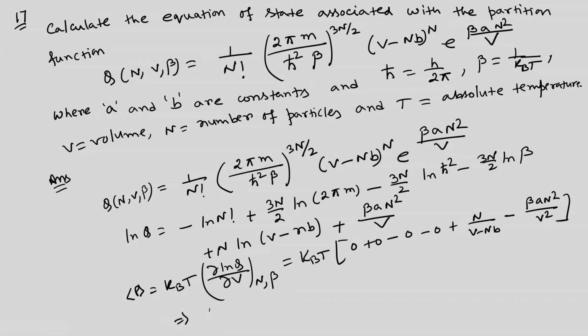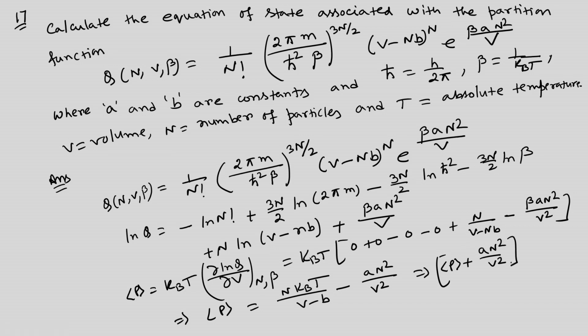So, we get average pressure P is n kBT by (V minus nb) minus a n squared by V squared, or P plus a n squared by V squared, times (V minus nb), gives us n kBT.